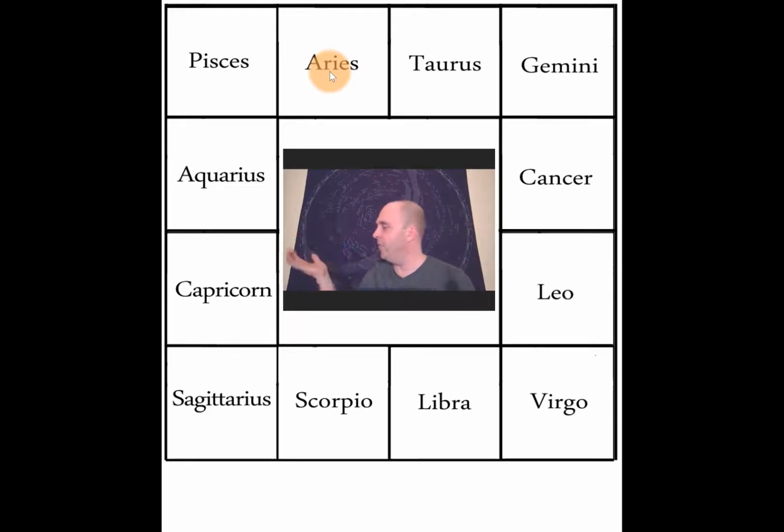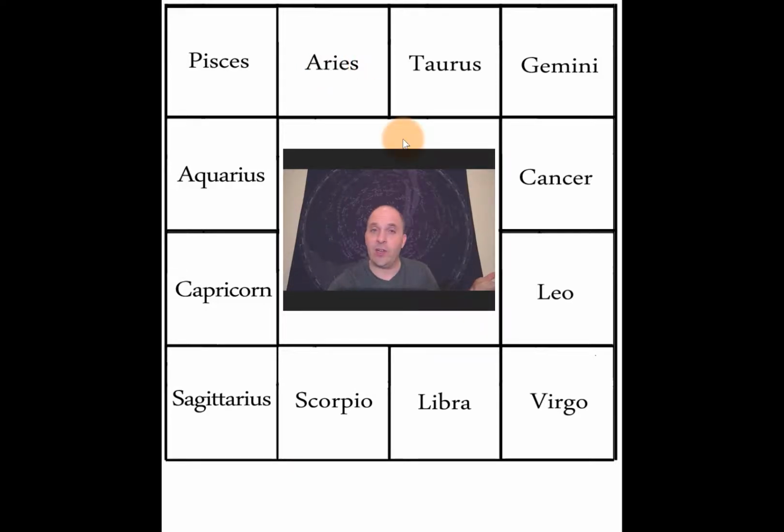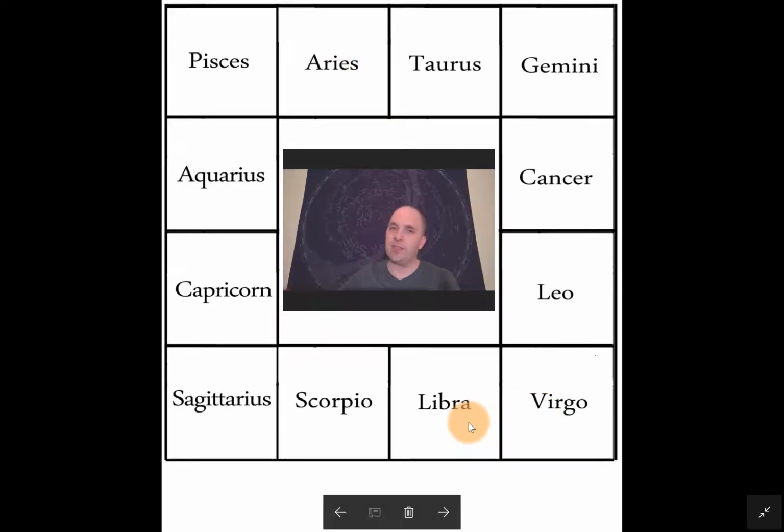On the other hand, if you were to look towards the western horizon, at the sign that is setting at that time, that is disappearing from view, going below the horizon, that would be known as the descendant. So if Aries is on the eastern horizon, which gives us the rising sign or the ascendant of Aries, then Libra would be the setting sign.